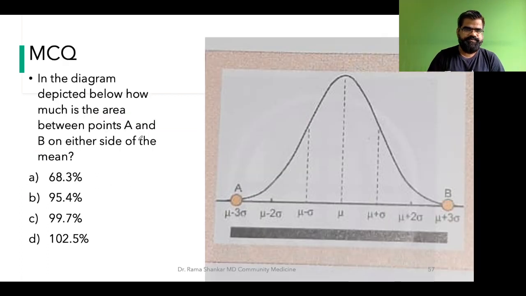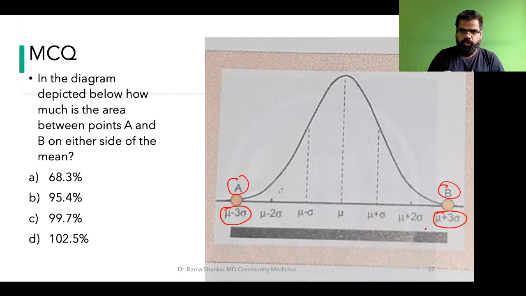Okay. Come to this. This is a normal distribution curve. In the diagram depicted below, how much is the area between point A and point B? So they are asking you what is the area between point A and point B. Very simple question. It is talking about mean minus 3 standard deviation, mean plus 3 standard deviation.